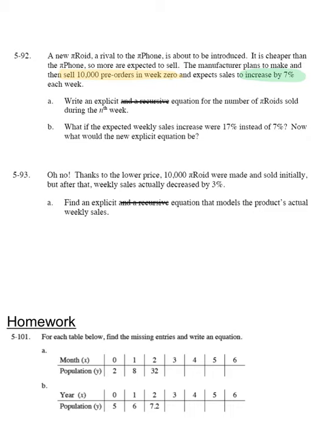So if I wanted to write an equation for this, I know that I have y equals, and it should look like a times b to the x. A is that starting point, and b is that multiplier, but we have to change that percent to a decimal. So this one starts with 10,000 Pyroid phones sold.